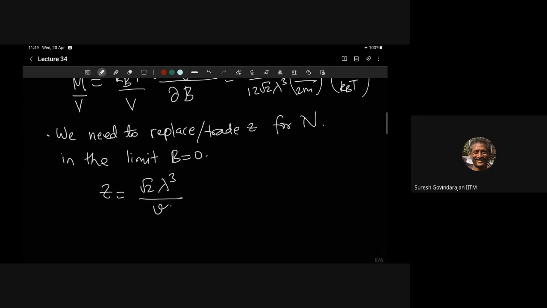Again, I'm not very confident about the root 2 because I have put a 2 there, so we may have to figure it out, but I think it will sort out by itself. Where n is N by V. I think it will work out.